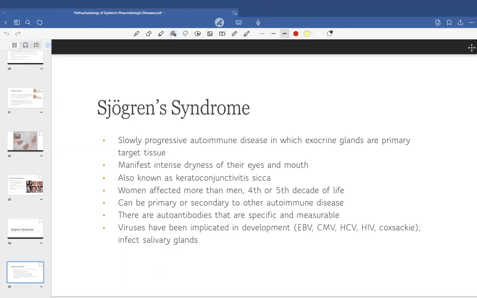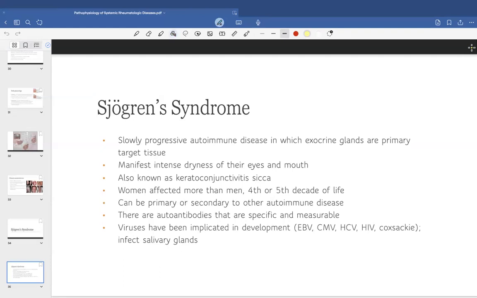And yes, there are certain viruses that have been implicated as an environmental agent that triggers this autoimmune response, including Epstein-Barr, cytomegalovirus, hepatitis C, HIV, Coxsackie virus. Commonly, these all can infect the salivary glands.